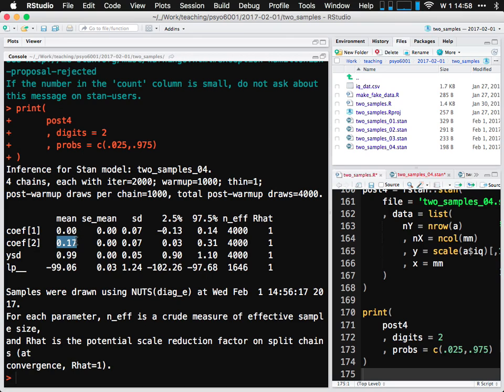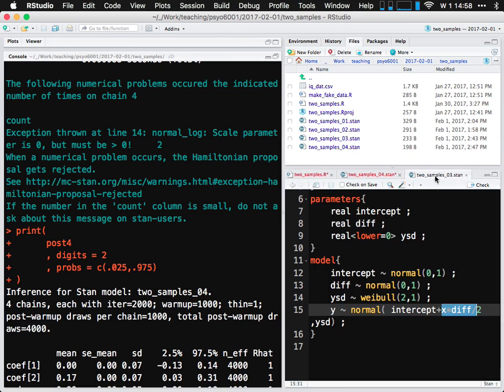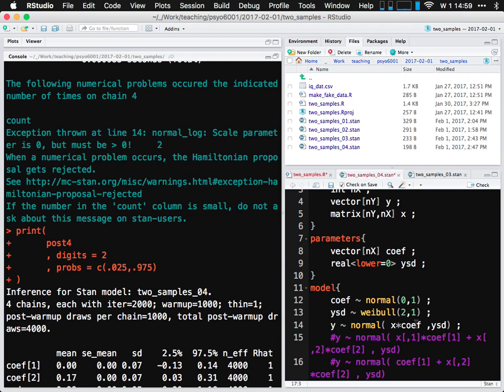I was going to ask you guys, why do you think that is? It's because before, we added that divide by 2, because you have to go half the difference from the intercept to get to one group and half the difference from the intercept to get to the other group. But we don't have that divide by 2 here.